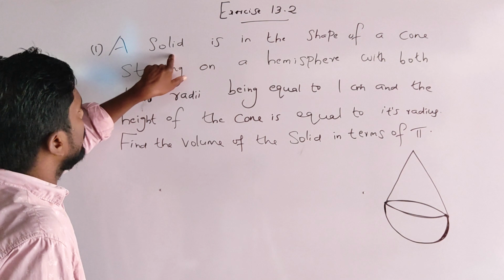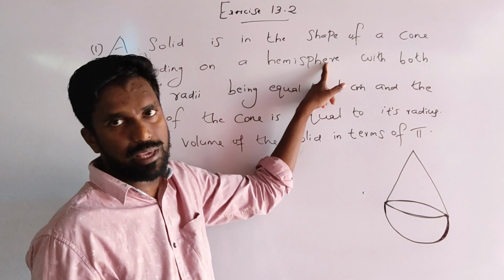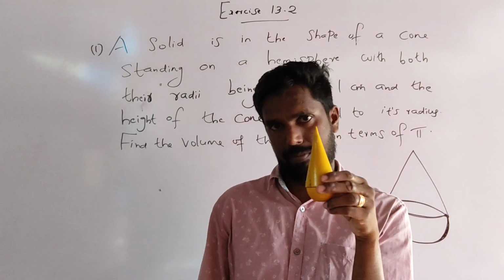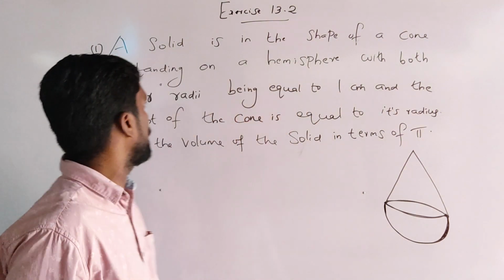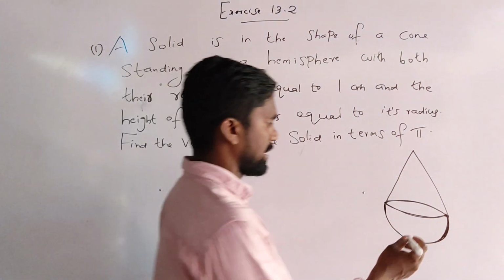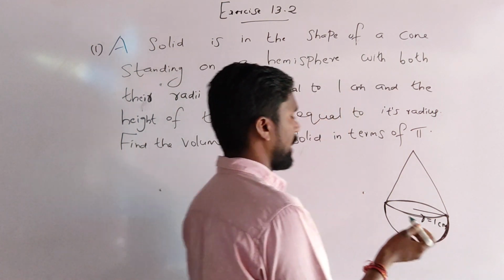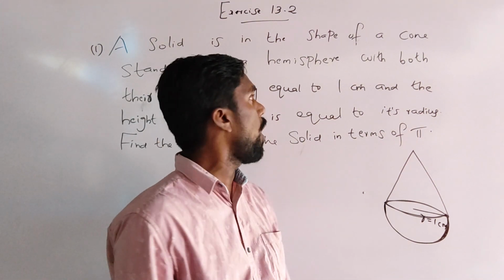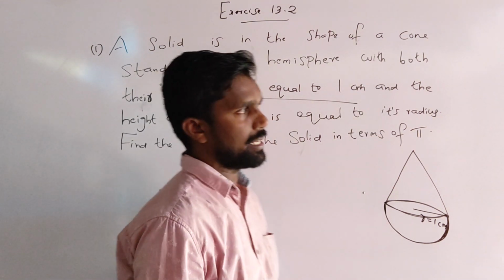A solid is in the shape of a cone standing on a hemisphere, with both their radii being equal to 1 centimeter. That means the radius of the cone and the radius of the hemisphere are equal to 1 centimeter.